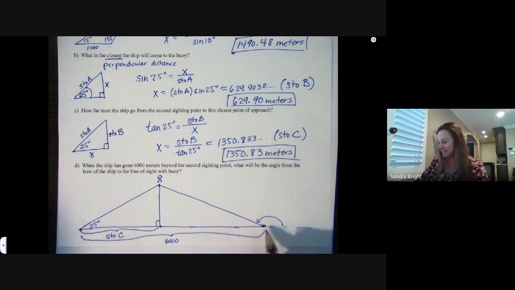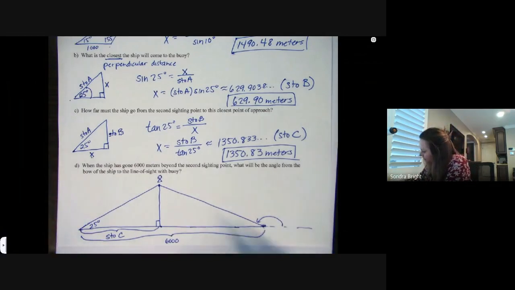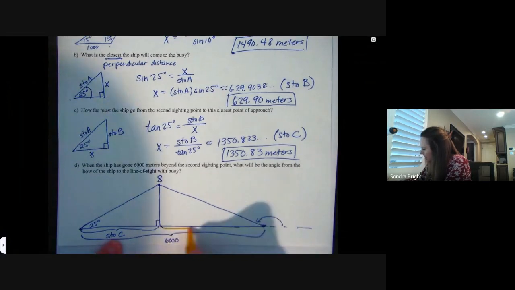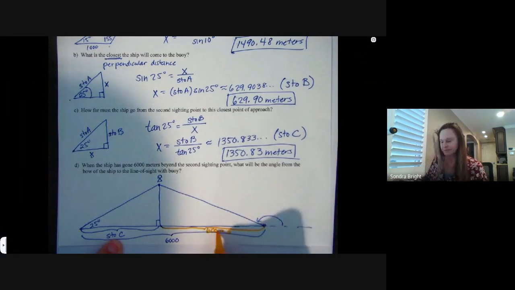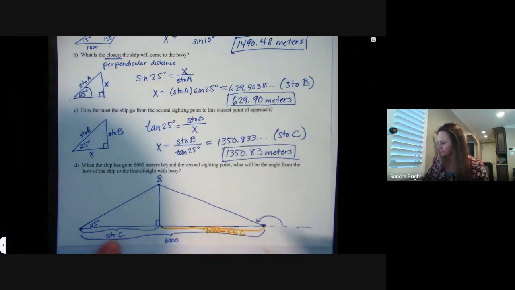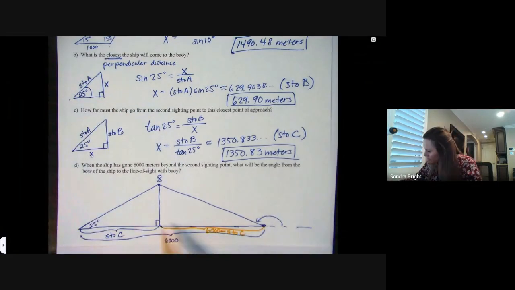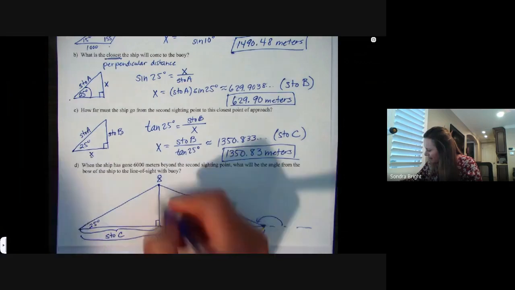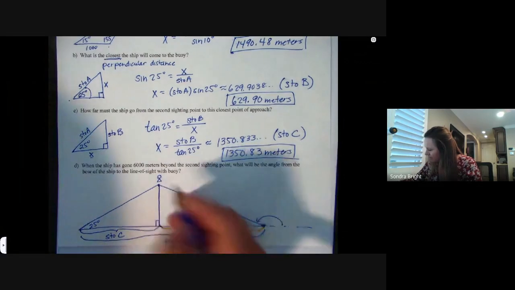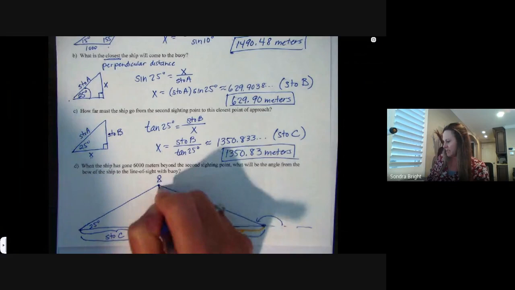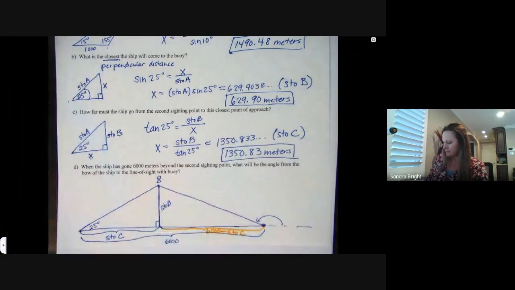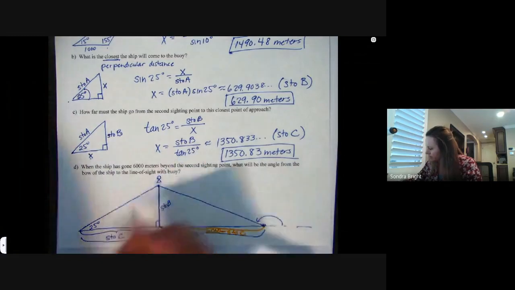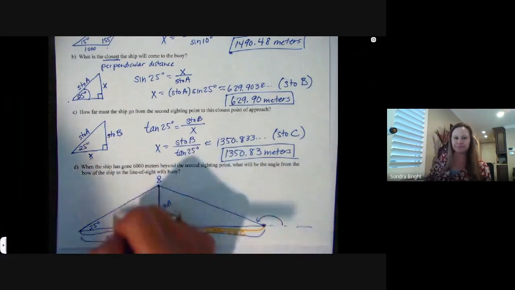So this guy is 6,000 minus the stored C value. This distance I stored as B, and this one here I stored as A.